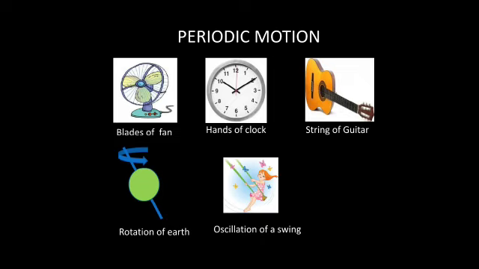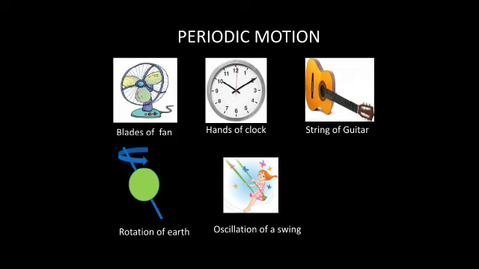Here you can see that a part of the object is moving or rotating. They are periodic. Okay, periodic means what? They have a fixed time, and they are rotating exactly after the same interval of time.